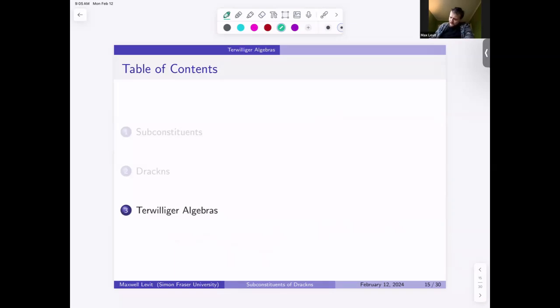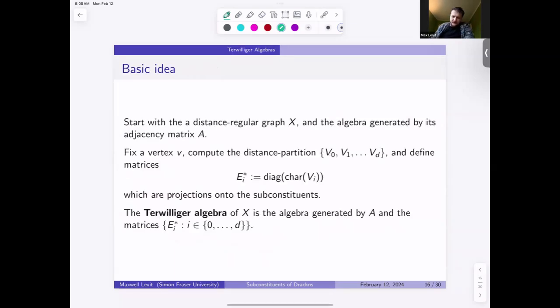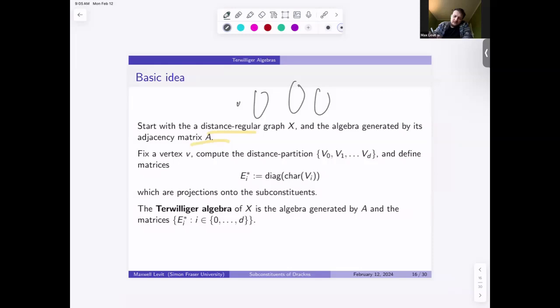Okay. So moving on. The basic idea of the Terwilliger algebra in general is that I have this algebra of the adjacency matrix, and then I also introduce some projections onto the parts of the algebra that are indexed by the subconstituents, all the various subconstituents. And I'm specifically working in a distance regular graph, so you can have in your mind that picture from before.